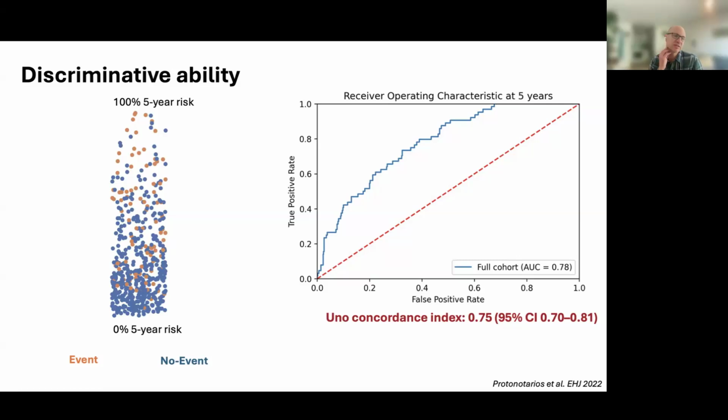So yeah, the C index or the AUC is a measure of discrimination. It usually takes values between 0.5 and 1, where 0.5 means no discrimination and 1 means perfect discrimination. It's also a probability.